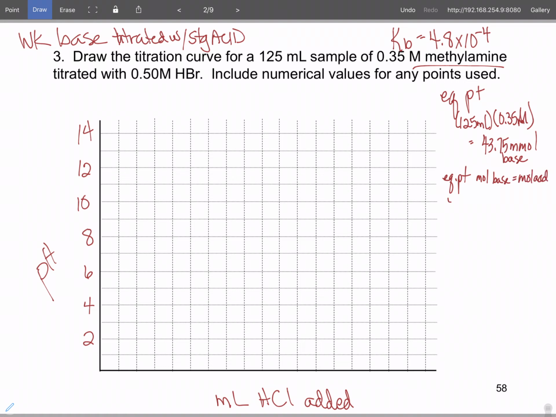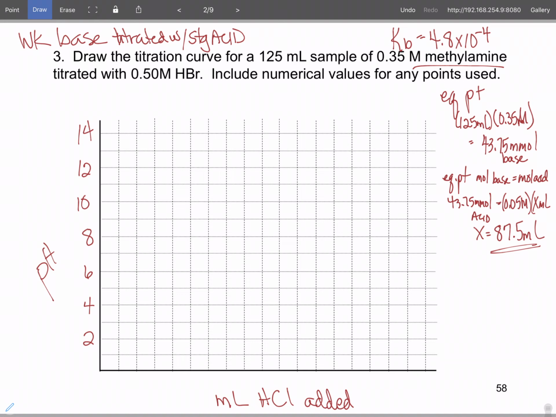So we have 43.75 millimoles, and we know that is equal to 0.05 molar times X milliliters. So we find out the equivalence point is 87.5 milliliters. We again will use that in both the second point and the third point.